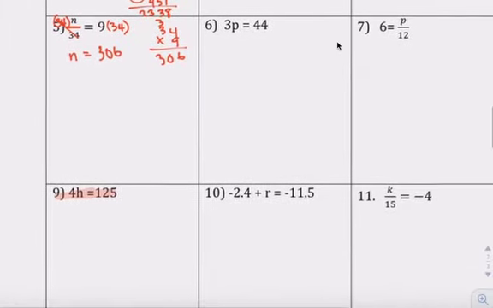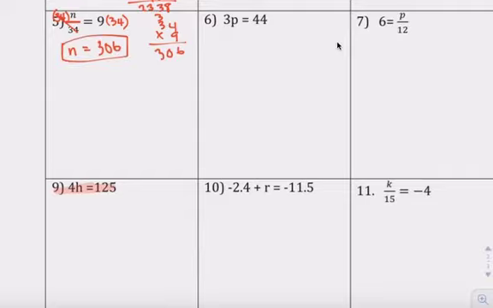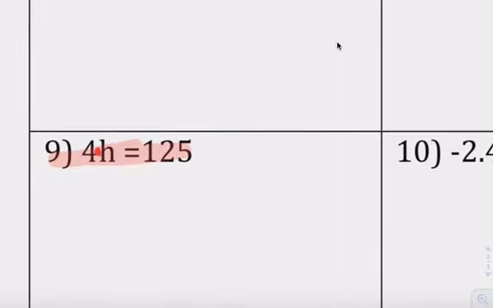Okay, number 9. This is multiply. So you divide by 4, divide by 4. Multiply, you divide.